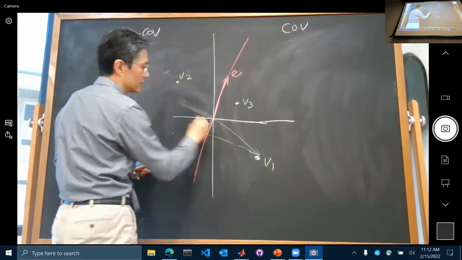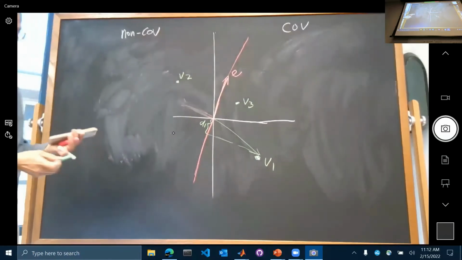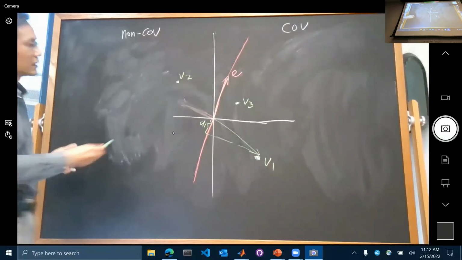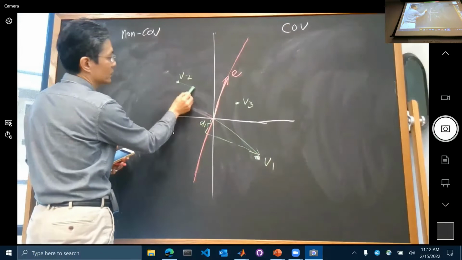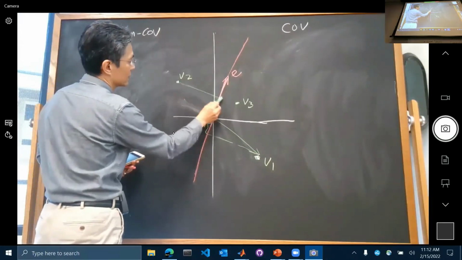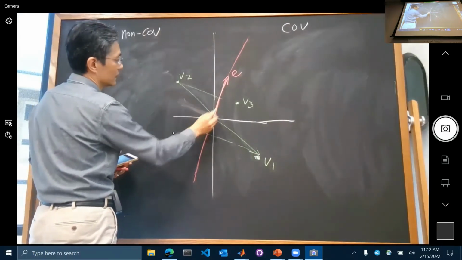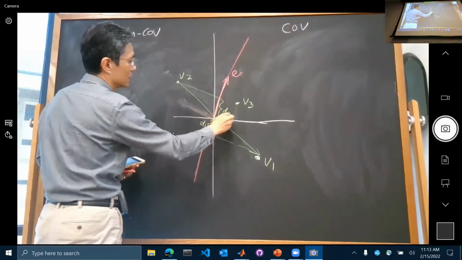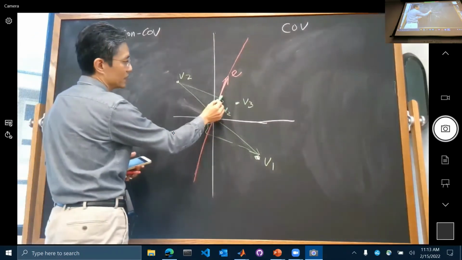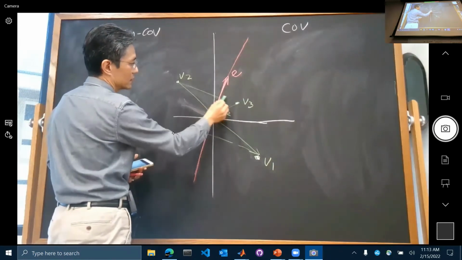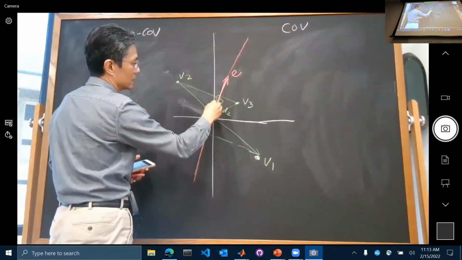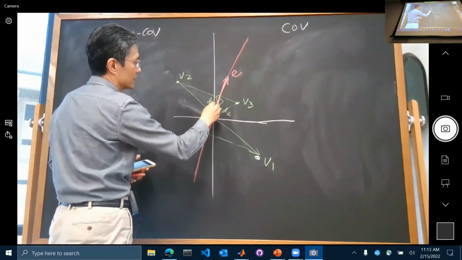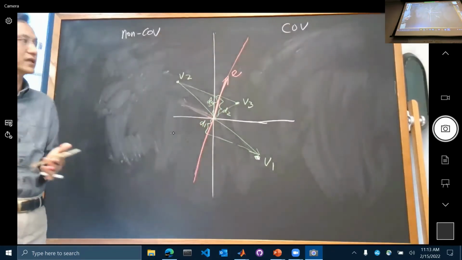That's my V1, right? For V2, I do an orthogonal projection, and then that's my V2. V3 projection, V3. Right?